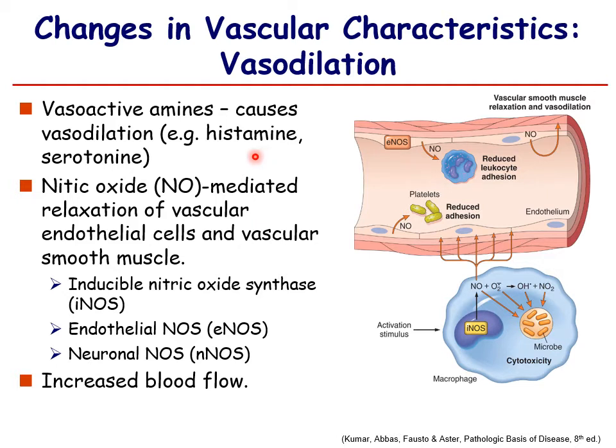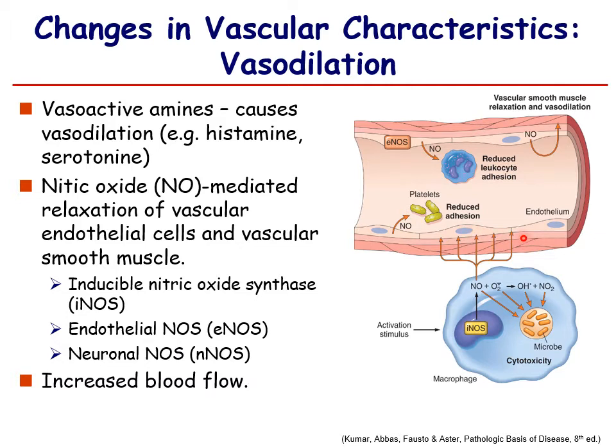In particular, mast cells produce histamine, and this histamine together with nitric oxide mediates relaxation of vascular endothelial cells as well as vascular smooth muscle, and that causes vasodilation. So as you can see here in this macrophage, inducible nitric oxide synthase leads to production of nitric oxide, and this nitric oxide acts on endothelial cells to relax.